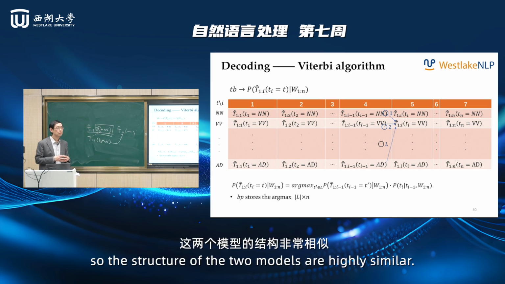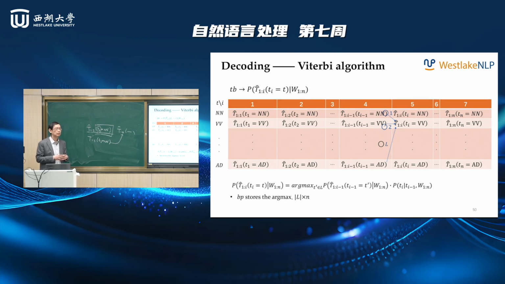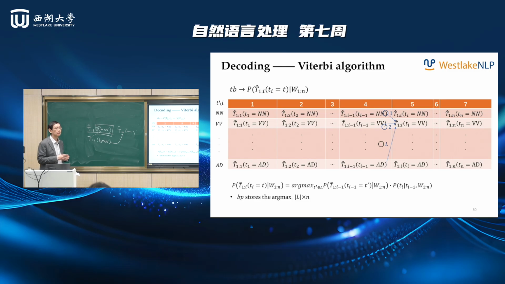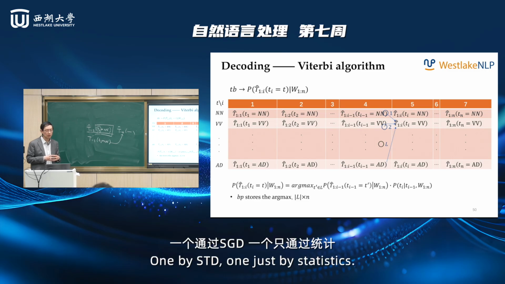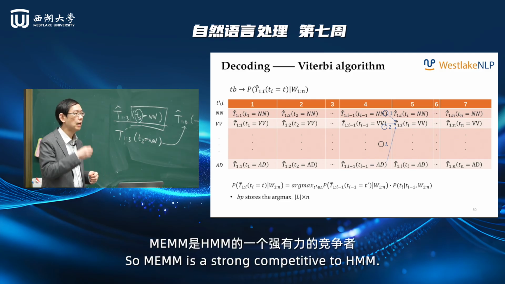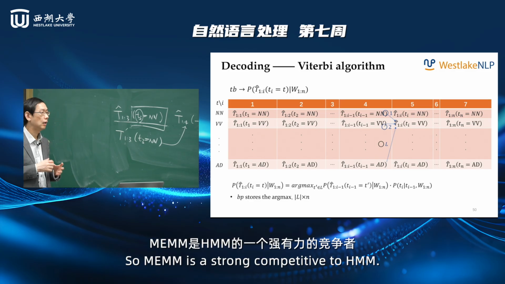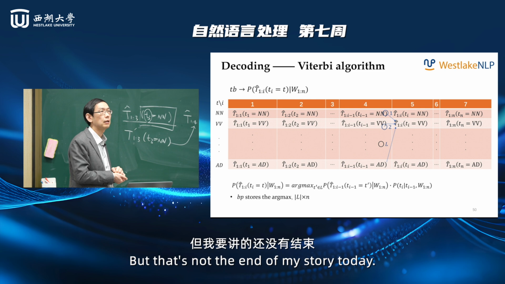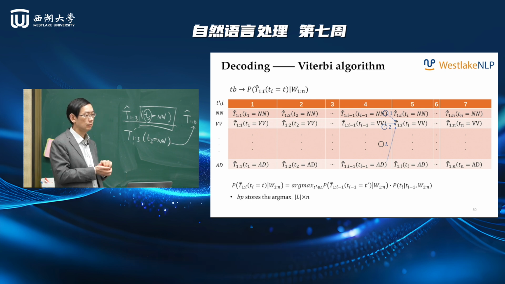So the structure of the two models is highly similar. It's only that the training is different, one by SGD, one just by statistics. All right, so MEMM is strongly competitive with HMM, but that's not the end of my story today.